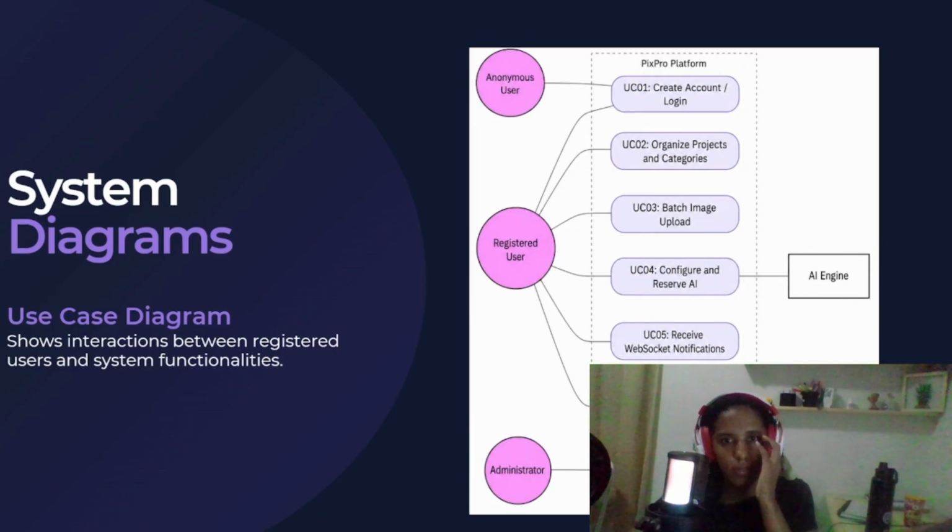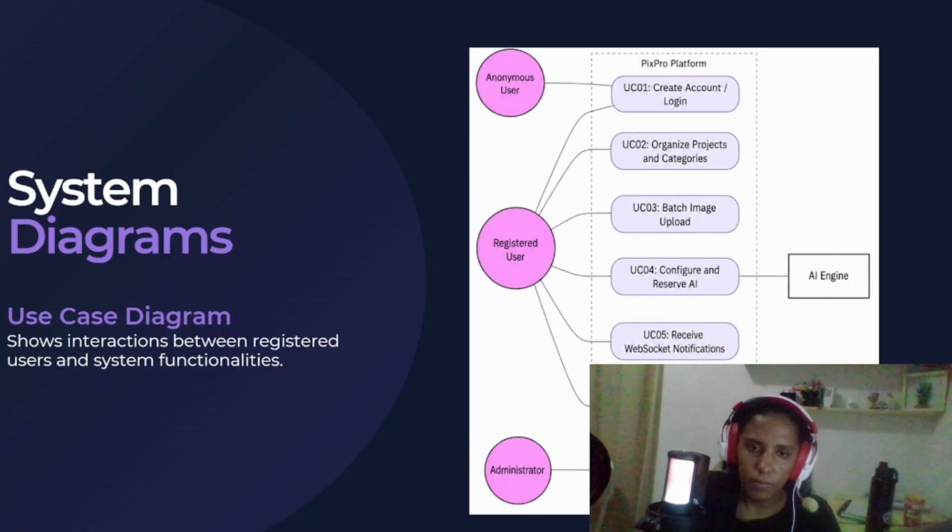In this first diagram, I present the use case diagram of the platform. The idea here is to show how users interact with the system and which features each actor can access. We have three main actors: the anonymous user, the registered user, and the administrator. The anonymous user has more limited interaction. They can create an account or log in to get full access to the platform.